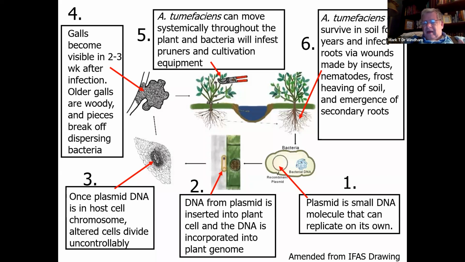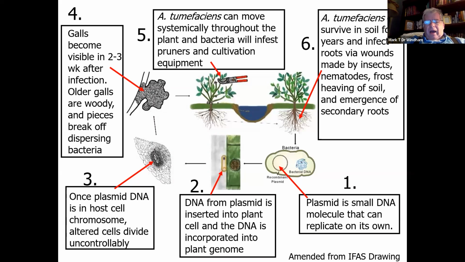So that's how this thing has evolved. The galls, as we know them, it's really amazing. They become visible in 2 to 3 weeks after infection. And there's millions of these altered cells by that time. It's really incredible.